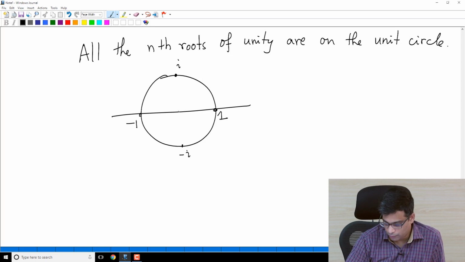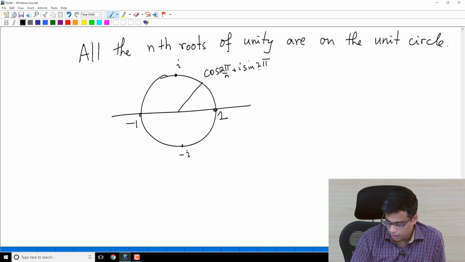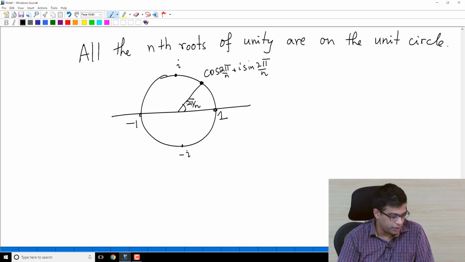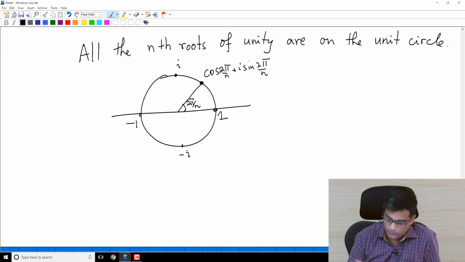More generally, you have cosine 2 pi by n plus i sine 2 pi by n, and this angle is 2 pi by n. So these are elements on the unit circle. So this is another example.